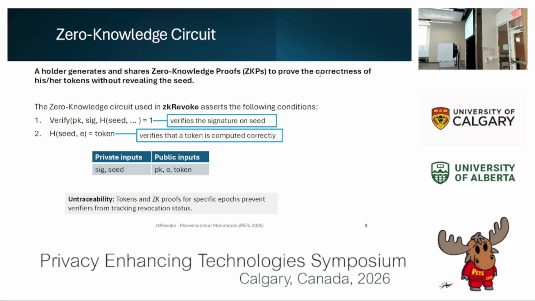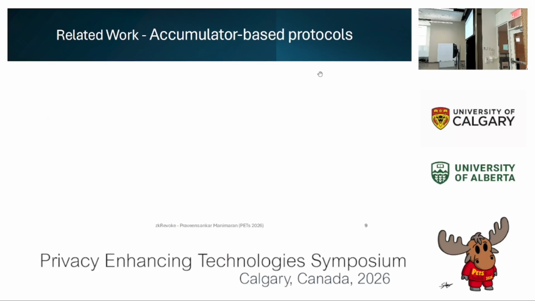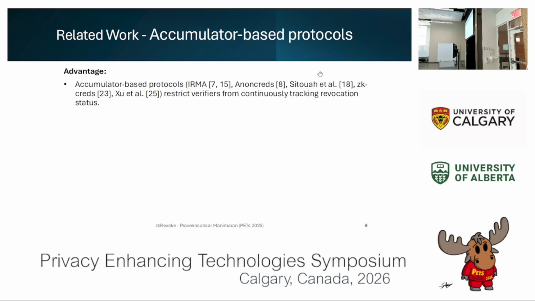revocation status. Let me briefly present how it compares against related work. Accumulator-based protocols, such as Anonymous and IRMA, are predominantly used in verifiable credential systems. They are very good at restricting verifiers from continuously tracking the revocation status.